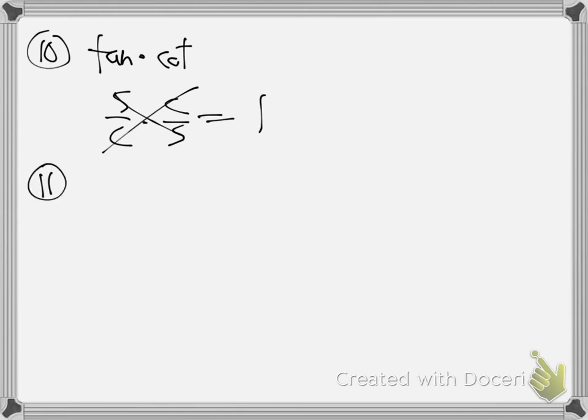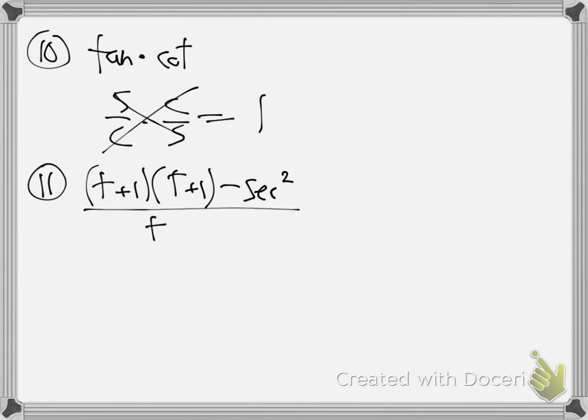All right, number 11. Number 11 is tangent plus 1 times tangent plus 1, minus secant squared over tangent. I'm going to make that a capital T so it doesn't look like my plus signs. Tangent plus 1, minus secant squared over tangent. Okay, well, definitely let's just multiply out those parentheses. Boom, boom, boom, boom.